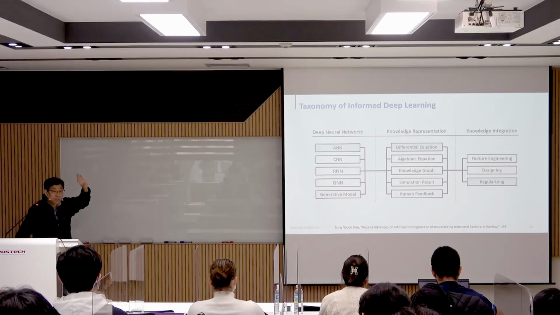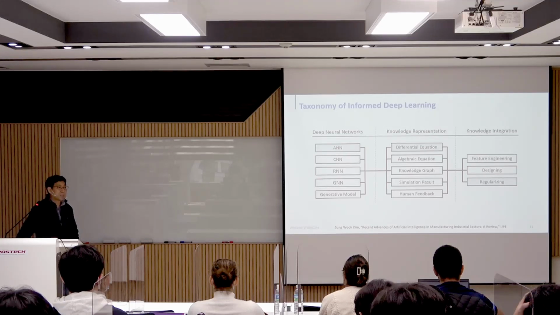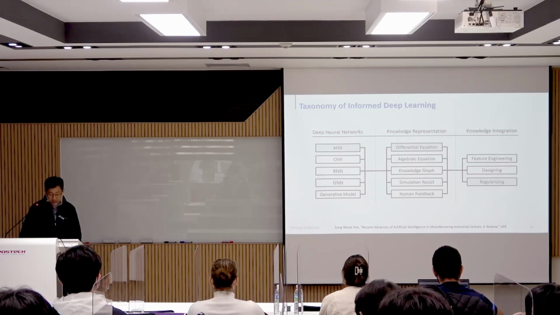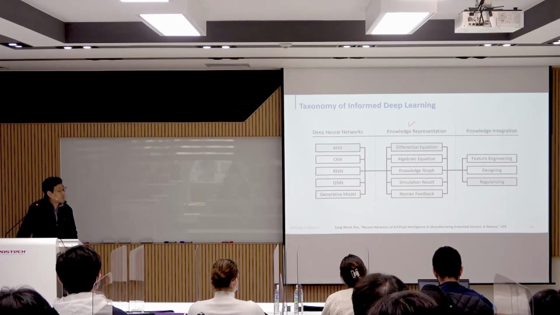You can do similar things with CNN or RNNs, but I'm going to take ANN as an example. Why? Because it's simpler. And for knowledge representations, I'm going to take differential equations as an example.